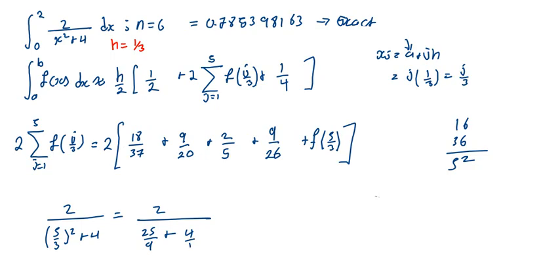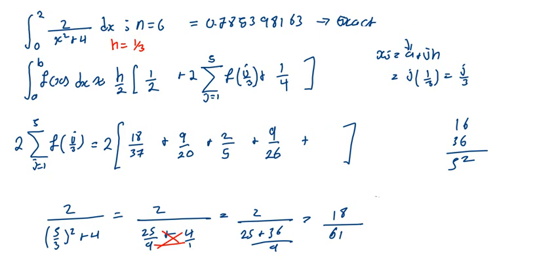Once again, make this a single fraction: 2 divided by (25 plus 36) over 9, which equals 18 divided by 61. So it's 18 over 61. Are we able to simplify that? No, I think we'll leave it the way it is, 18 over 61.